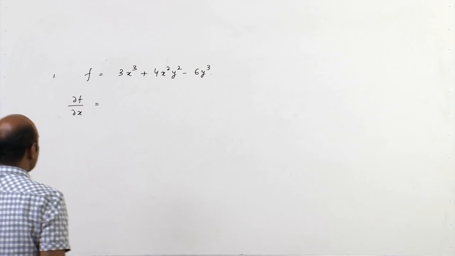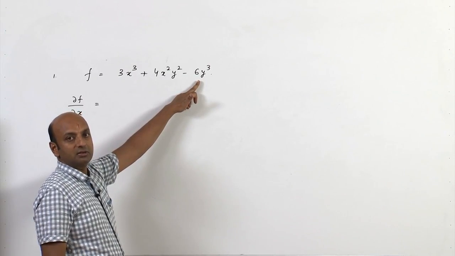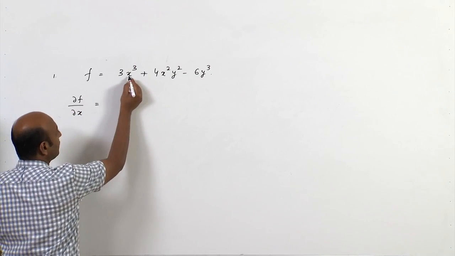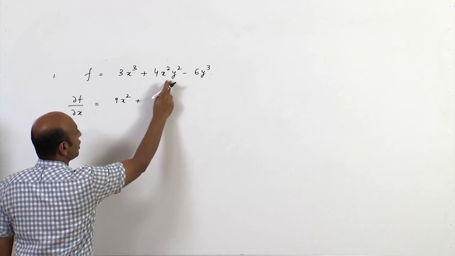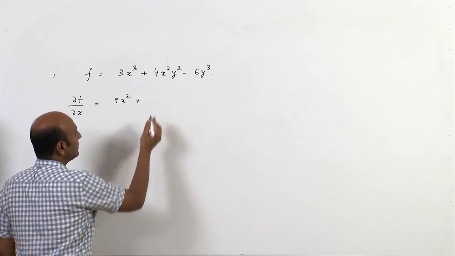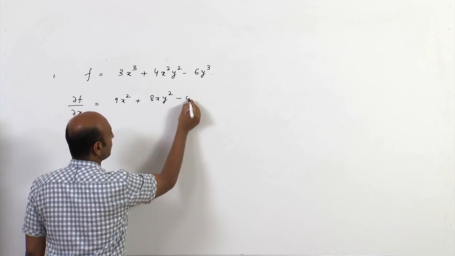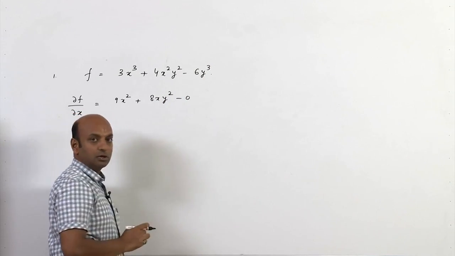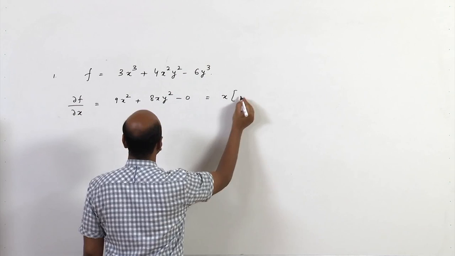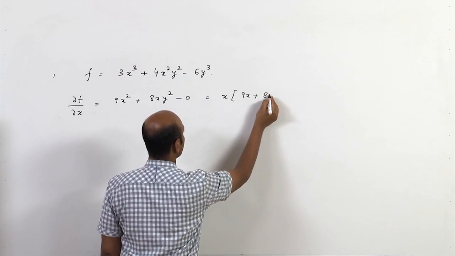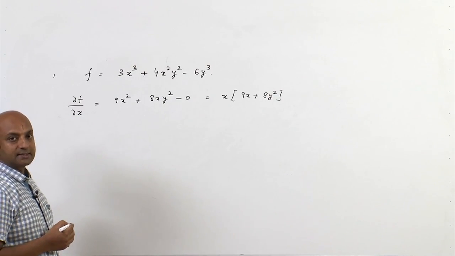That means, you have to simply differentiate this function with respect to x, keeping all other variables constant. So, derivative of this with respect to x is simply 9x square plus, you have to keep y constant, then this is 8xy square minus 0, because we are treating this as a constant. So, this is x times (9x plus 8y square), okay. So, this is del f upon del x.